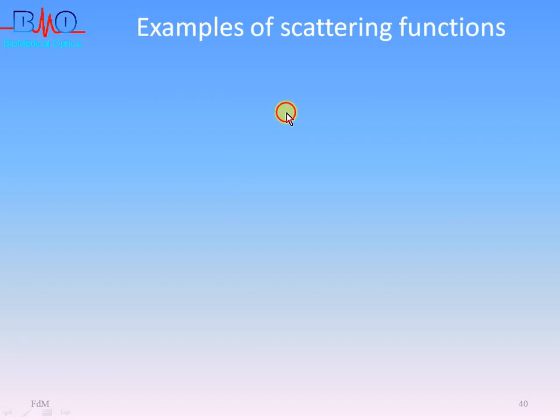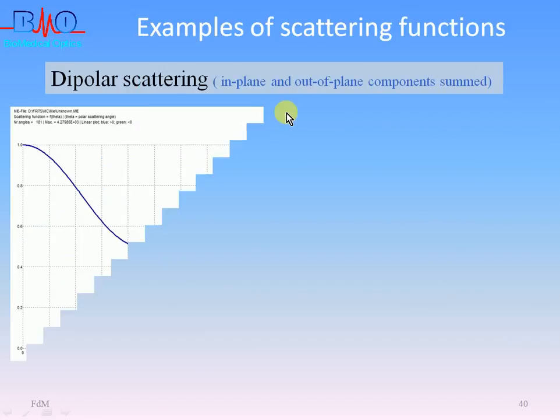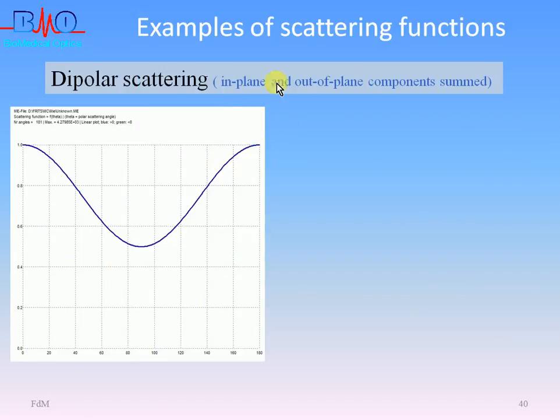Now some examples of scattering functions. First, dipolar scattering, and we have the in-plane and out-of-plane components, the polarized, and the parallel and perpendicular components summed. The perpendicular component is constant, the parallel component is cosine squared. It is a linear plot from 0 to 180 degrees.